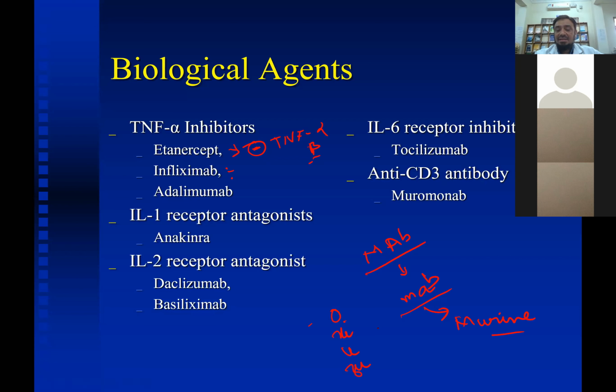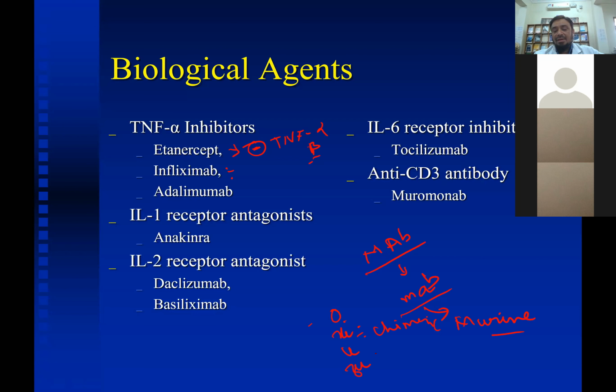XIMAB is chimeric. What do you mean by chimeric? It is part human and part mouse, that is, around 25% mouse antibody and about 75% human antibody.